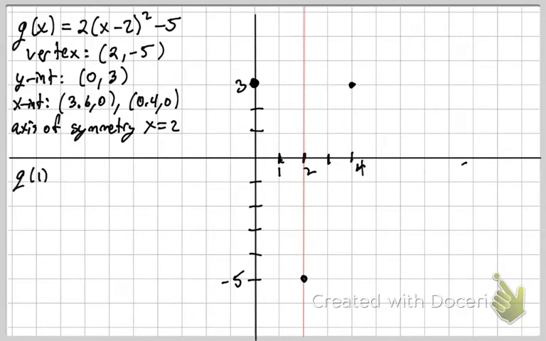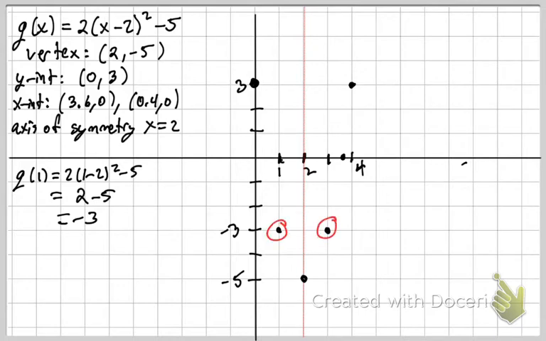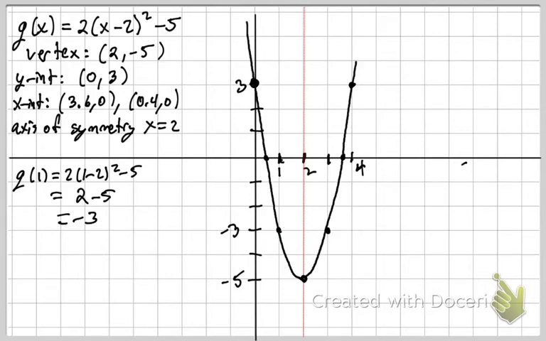We also have our x-intercepts, and I'm also going to put in 1 there, so I'm going to go a little overboard here and have 7 points here. So when I plug in 1, I get minus 3. So then the mirror image is going to be there. And then we can also put in the x-intercepts there. Okay, and so we get a nice parabola with a minimum at 2 and negative 5.